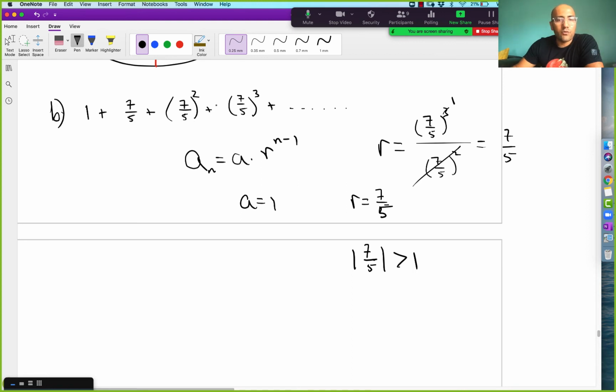So if the individual terms are getting bigger and bigger, and you want to add these up toward infinity, then it's not going to converge to anything. Right? It's going to blow up toward infinity. It's just going to grow and grow and grow. So we just say that this diverges. Right? The infinite sum S diverges.